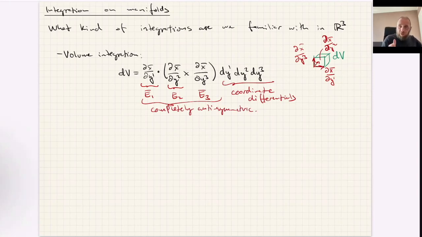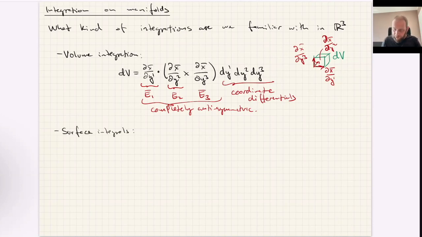So apart from volume integration, what other integrations can you do? Well, you can integrate on surfaces. So we can have surface integrals. And then you need a surface element.